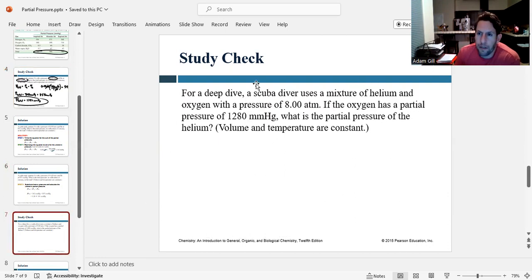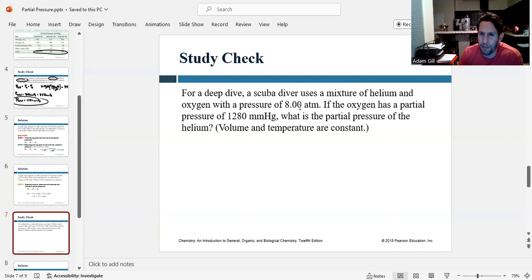Okay, another practice. For a deep dive, a scuba diver uses a mixture of helium and oxygen with a pressure of 8 atmospheres. If the oxygen has a partial pressure of 1280 millimeters of mercury, what is the partial pressure of the helium? So once again, they gave us these in different units just to be annoying.